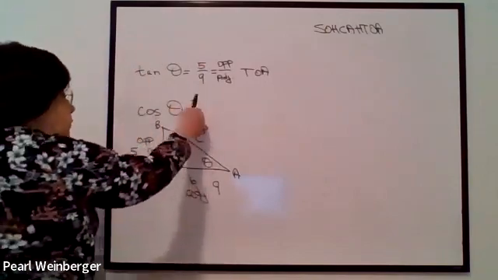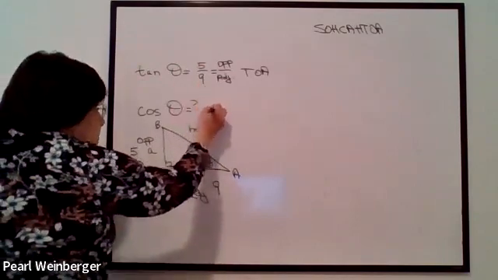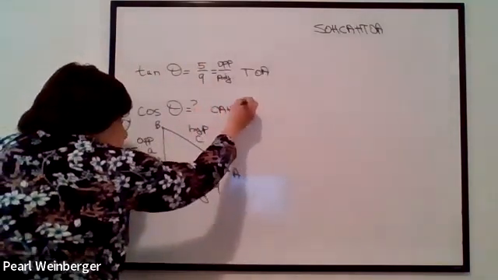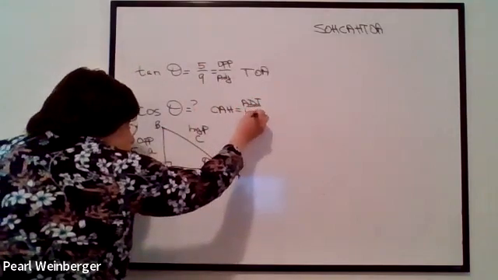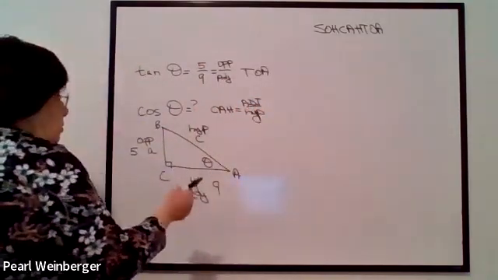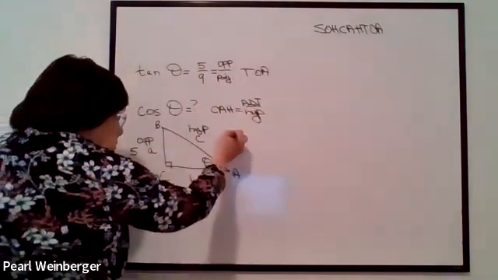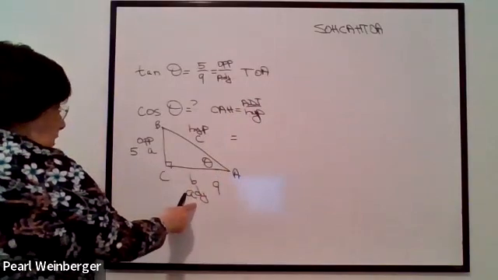Now, they want me to figure out what the cosine is. What is a cosine? The cosine is CAH: adjacent over hypotenuse. So let's see, in this triangle, do I have the adjacent side? I certainly do.